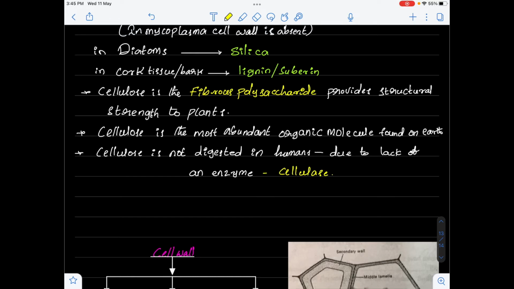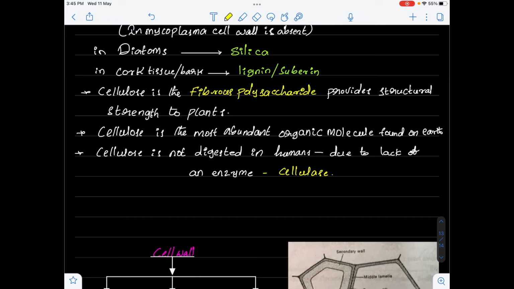When we eat any cellulose containing food materials, they will not get completely digested in humans due to lack of the enzyme cellulase.